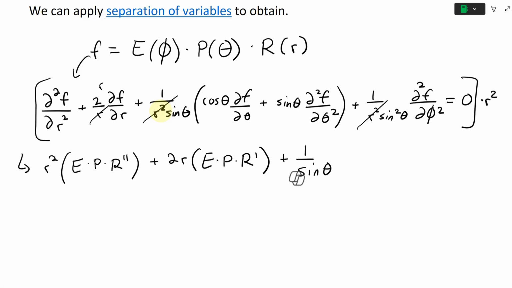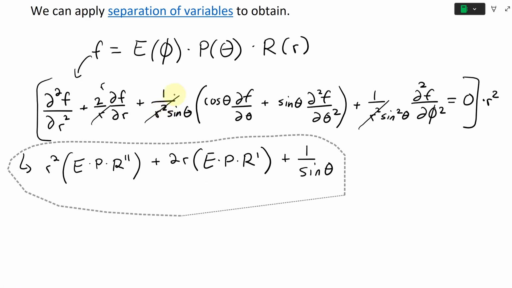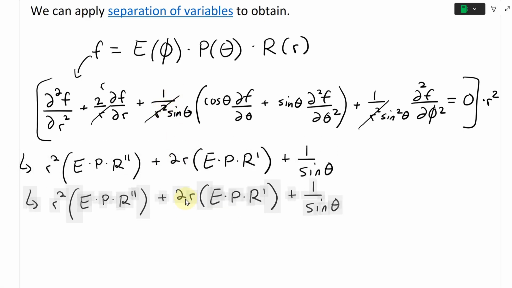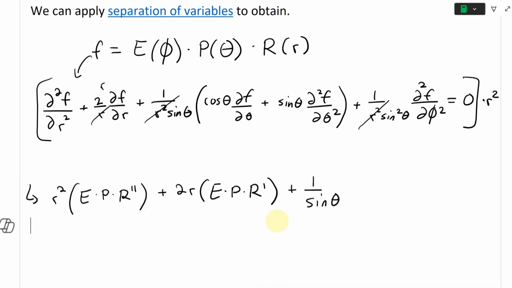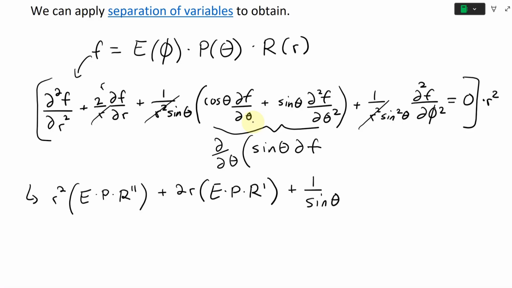Before we go further, the guy on YouTube does it this way. Instead of using this form, we'll write it as partial over partial theta of sine theta times partial f over partial theta.